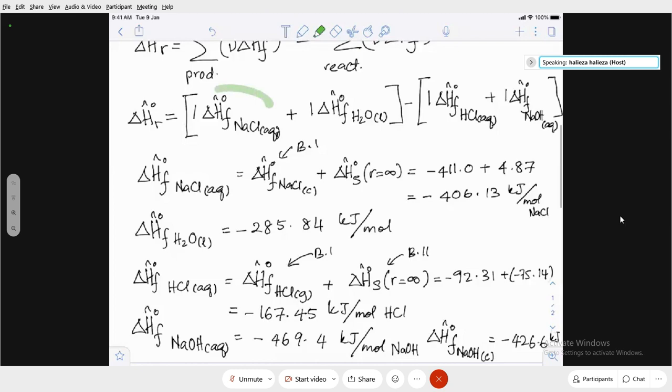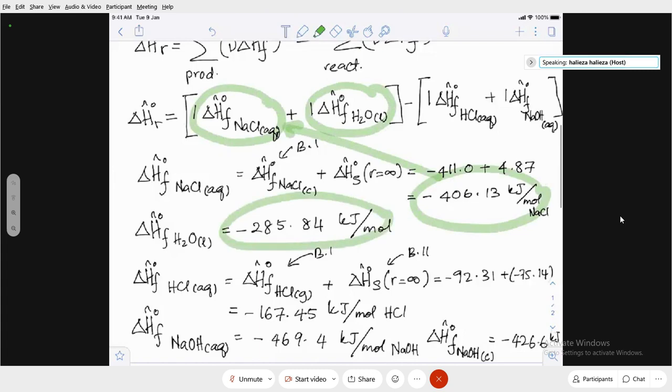For that part, you use this value. Substitute that value there. That is the heat of formation of sodium chloride. For the heat of formation of liquid water, that is the value, we're going to substitute it there. For the heat of formation of hydrogen chloride, this is the value, we're going to substitute it there.